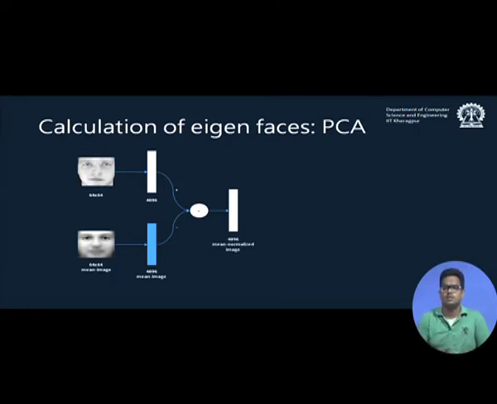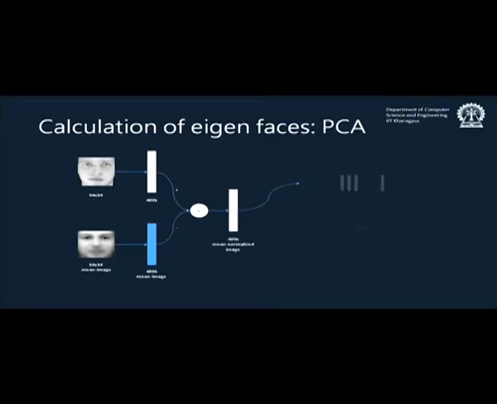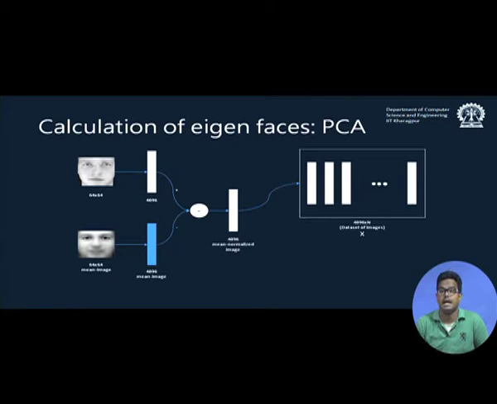And thus, we do this exercise for all the images of the training set, and we have these 4096 dimensional mean normalized images, and we create a matrix called X, and each column of the matrix is one image from the training set, all right. So, this X is a set of mean normalized training images. Say we have capital N training images, and thus the size of the matrix X will be 4096 cross N.